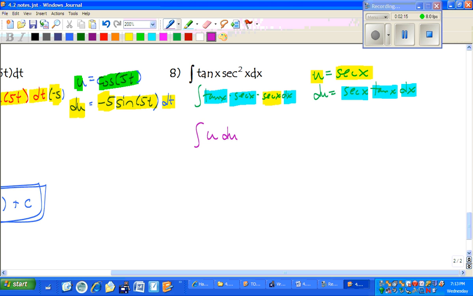So we just have the antiderivative of u times du. So if we do the antiderivative, we end up with 1/2 u squared plus c. So that's 1/2 times secant squared of x plus c.